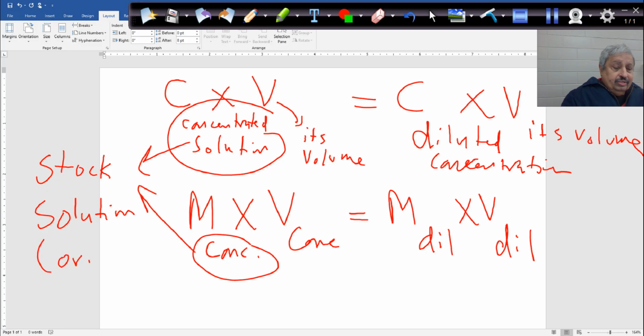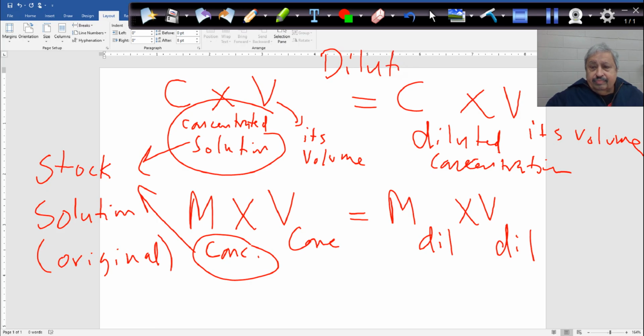This is what it means: original, not diluted, nothing happened, clean and in very good condition. So it's called the stock solution, and its concentration will be the highest. So this is called the dilution law, or sometimes just referred to as the formula.